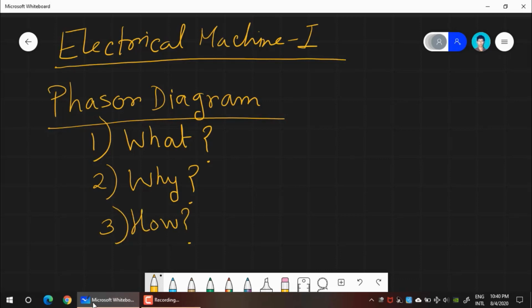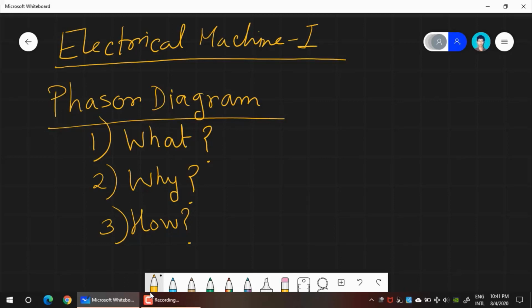In engineering language, sometimes we club what and why and call them analysis, and this how is known as synthesis. Or it may so happen that an analysis technique can also be learned using this what, why, how.